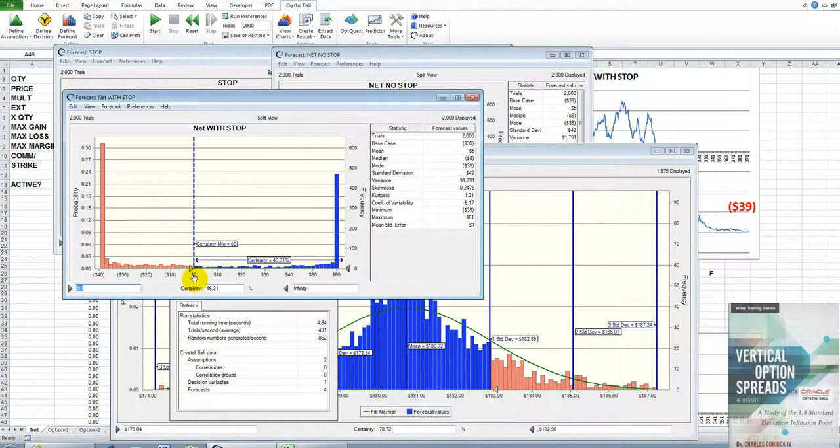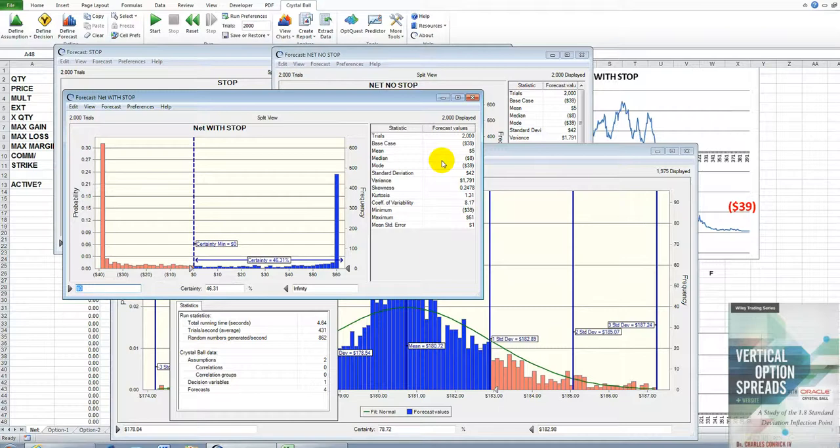Because I'm so close, see, I'm only looking at a 46% chance of breaking even with a mean expected profit of $5, but a little less than a 50-50 chance. Nevertheless, that is a bear call spread.